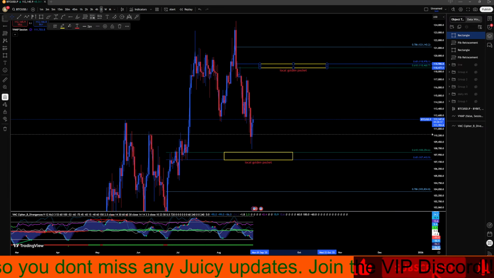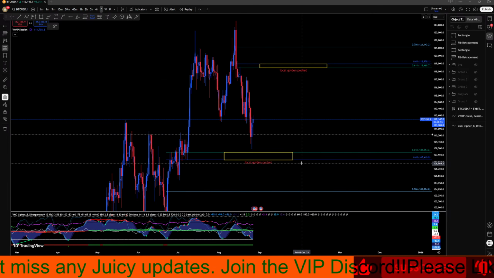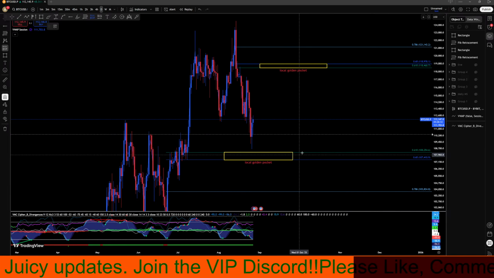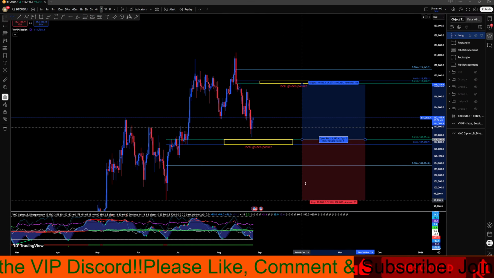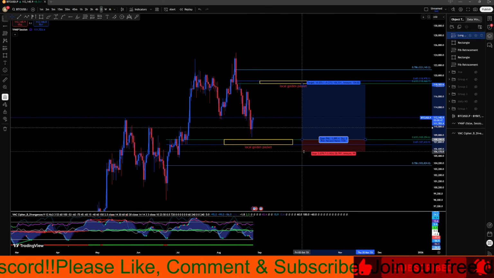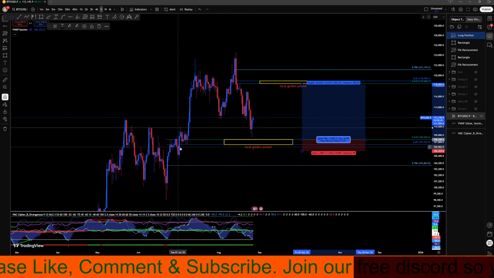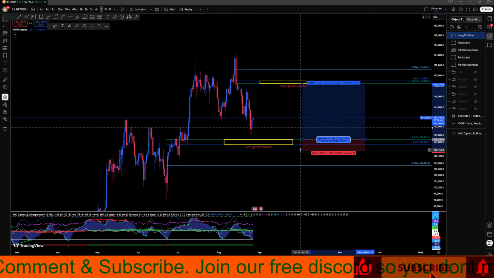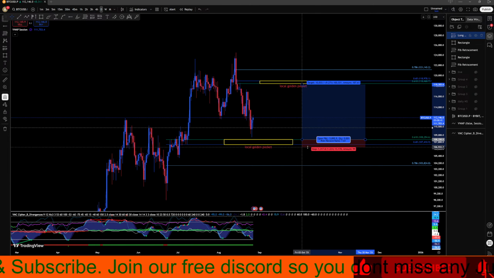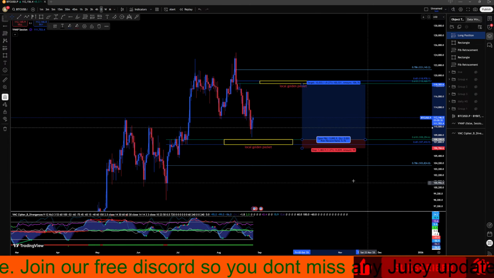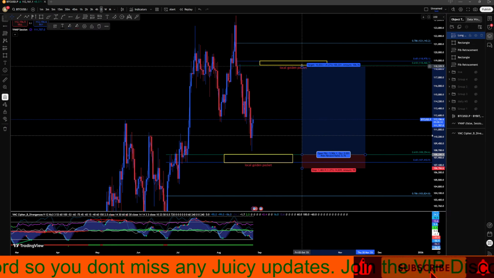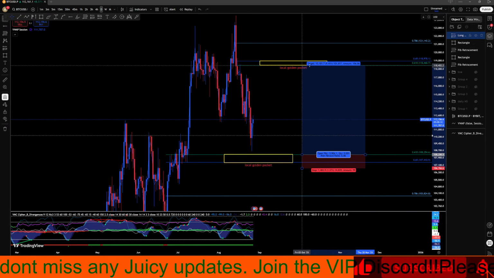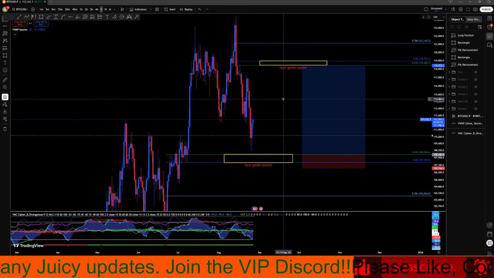So how I would approach something like this is, okay, this is my area of interest, and I'm going to say if I come below these lows here, then my trade is invalid. So right below the lows, and I can target the golden pocket from the high.